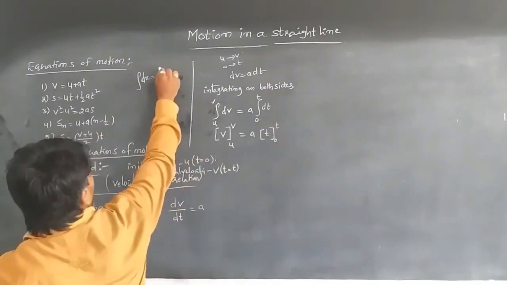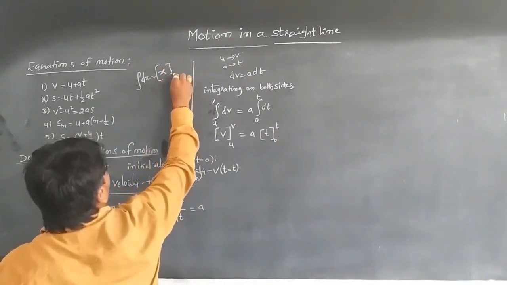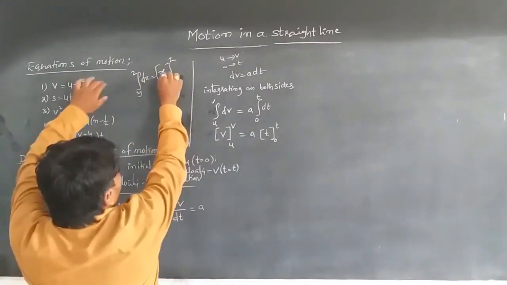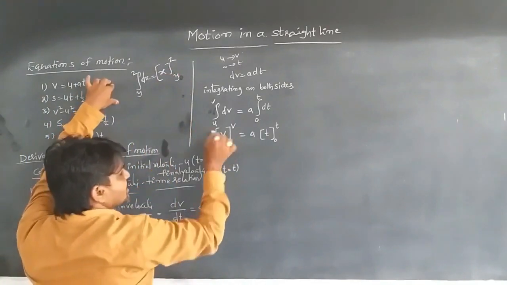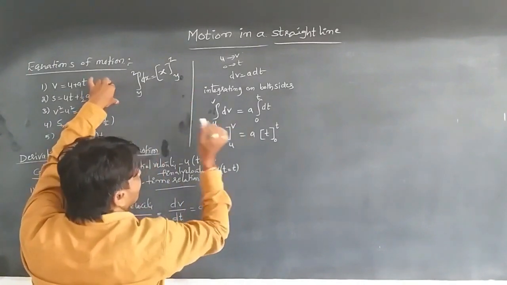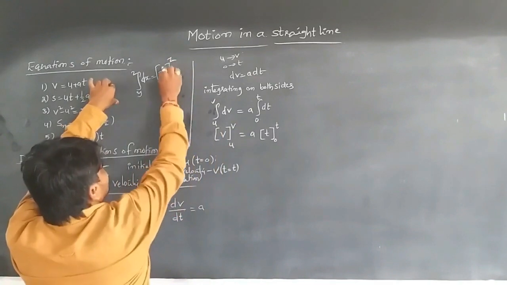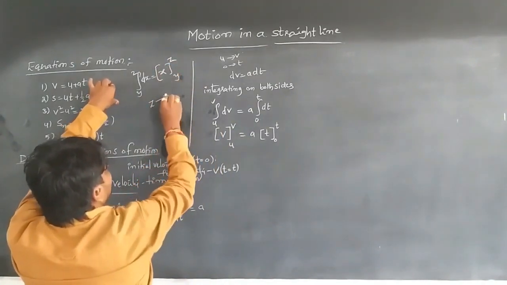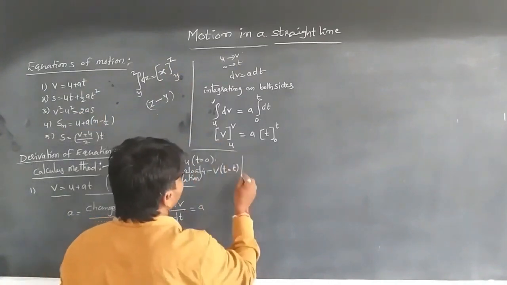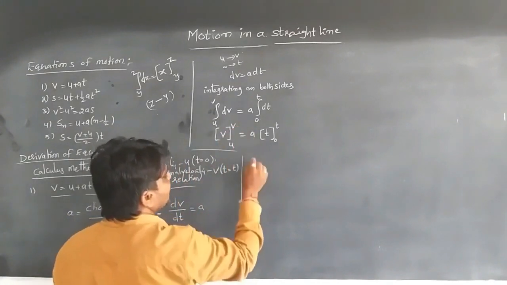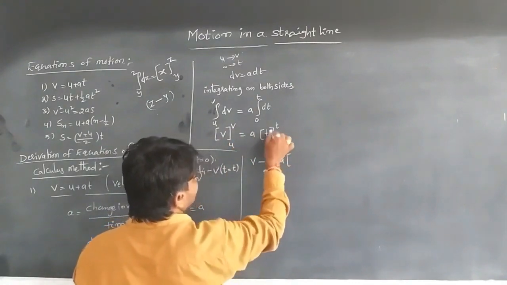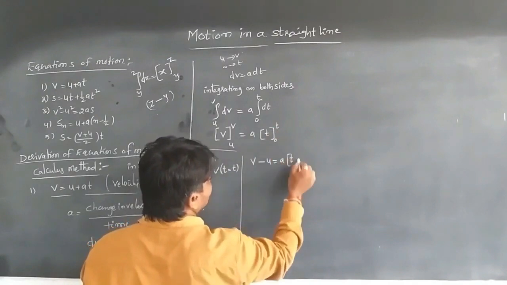In the case of x between the limits y to z, when we substitute the limits, first we substitute the upper limit, that is z, then subtract the lower limit y. Here also we substitute the upper limit first: v minus u is equal to a of t minus 0.